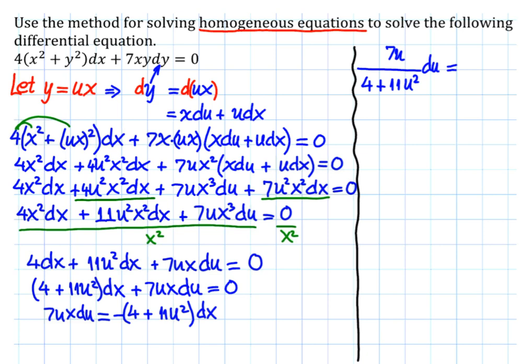So pretty much we just divide by x on both sides, and then also the 4 plus 11u squared. To do that, the right hand side will be negative 1 over x dx. Right, and then we just integrate both sides.